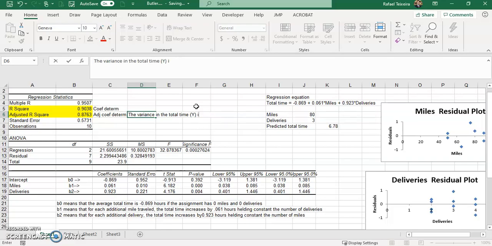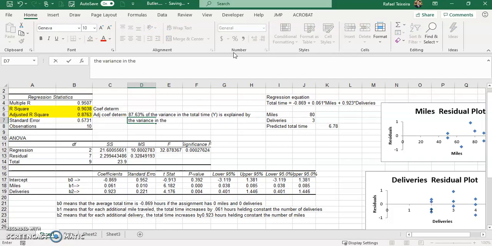So the 87.63%, which comes from here, of the variance in total travel time is explained by the variance in the independent variables.